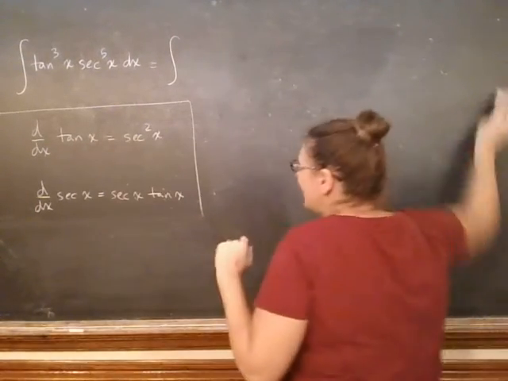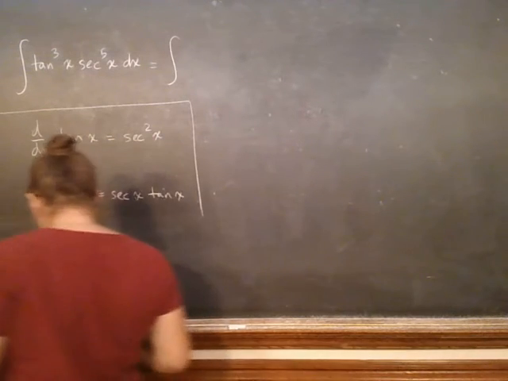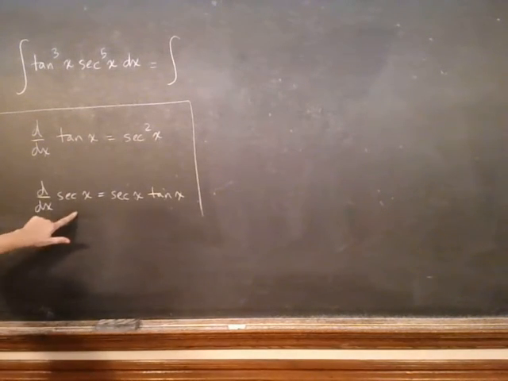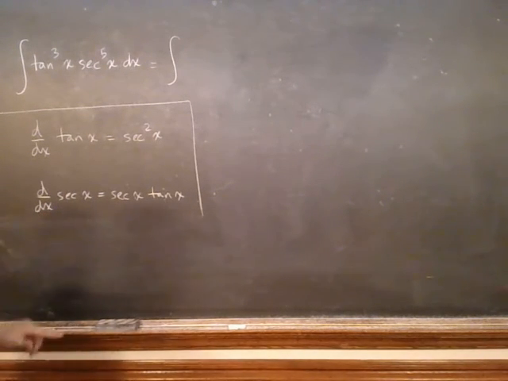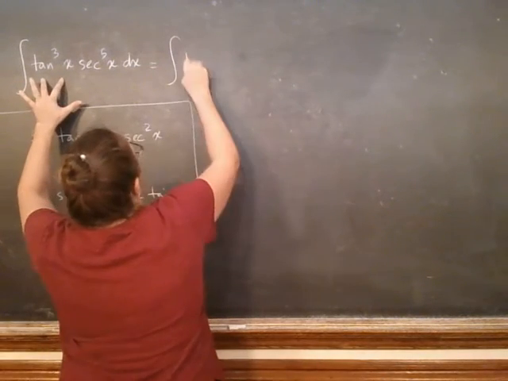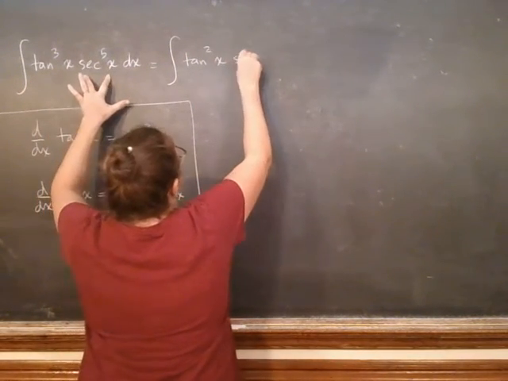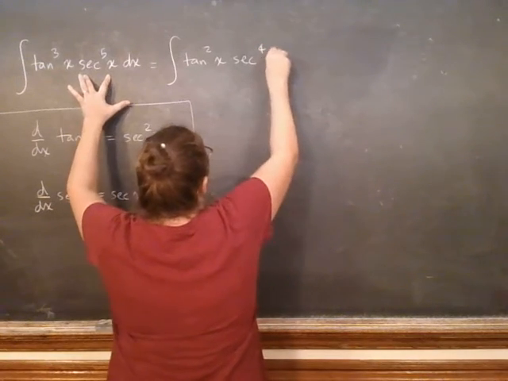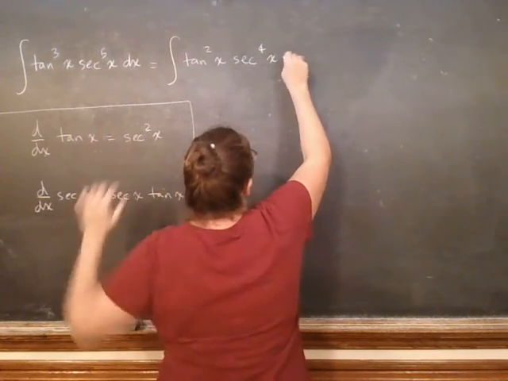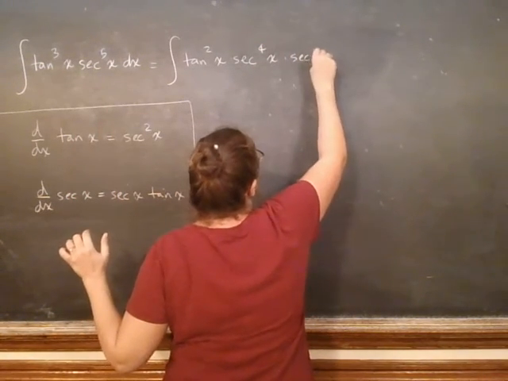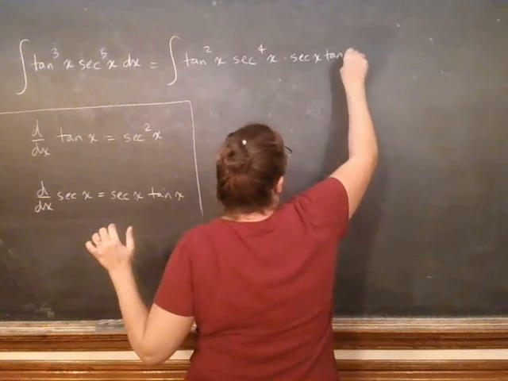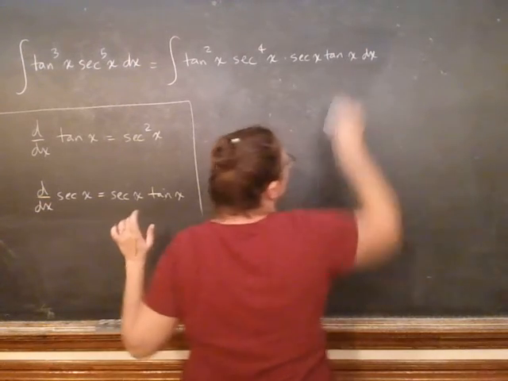And then I'll have an even number of secants left, so that u will be my secant. All right, so what I just said, I'm going to write it down. This is going to be tangent squared. This is going to be secant 4. And then I'm going to take one of each of those. Secant x, tangent x, dx.